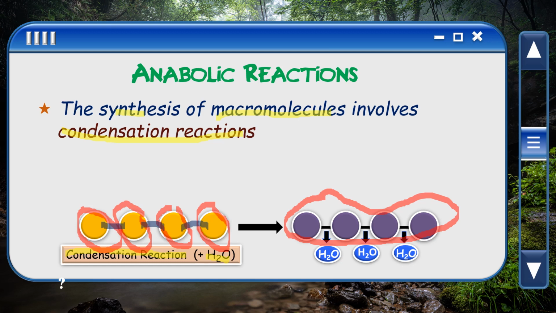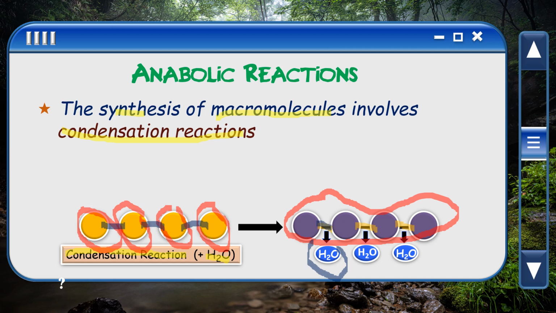So connecting a monomer and a monomer and a monomer, we form a polymer. And what are we forming? We are forming bonds. And those bonds cannot be formed unless we release a water molecule.